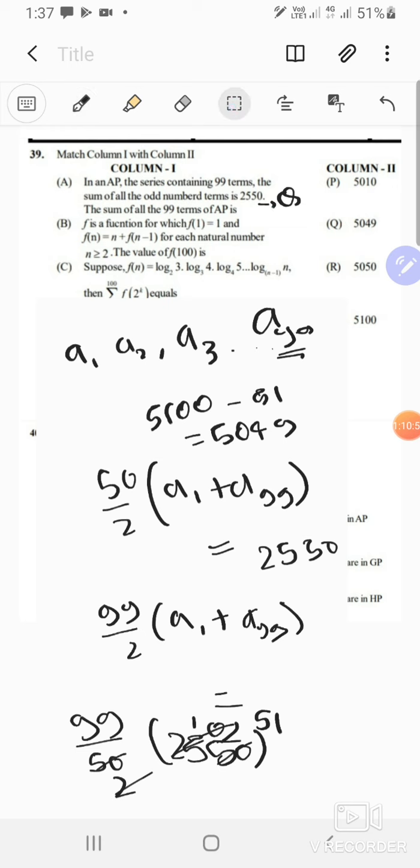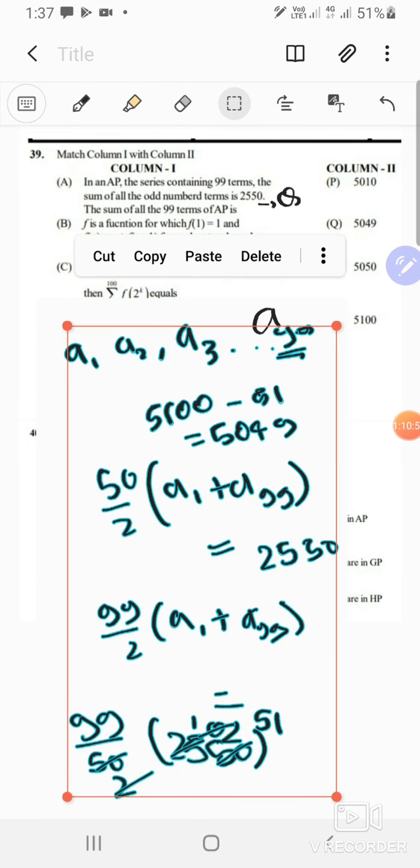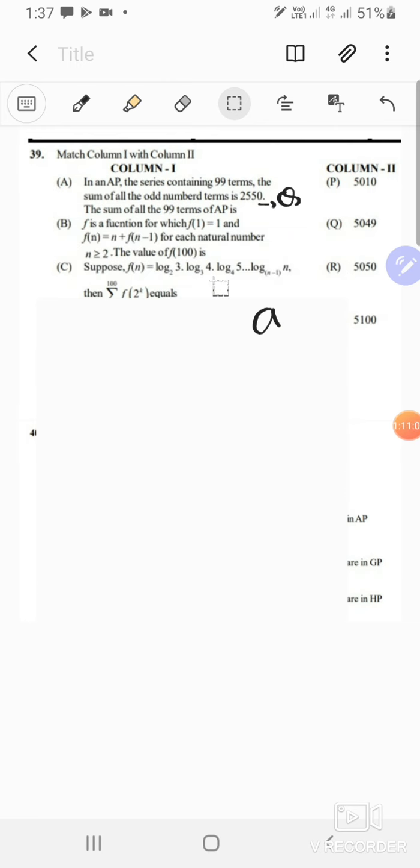Okay, f is a function for which f of 1 is 1, and f of n is defined recursively by n plus f of n minus 1. Wow. Not a big deal at all.